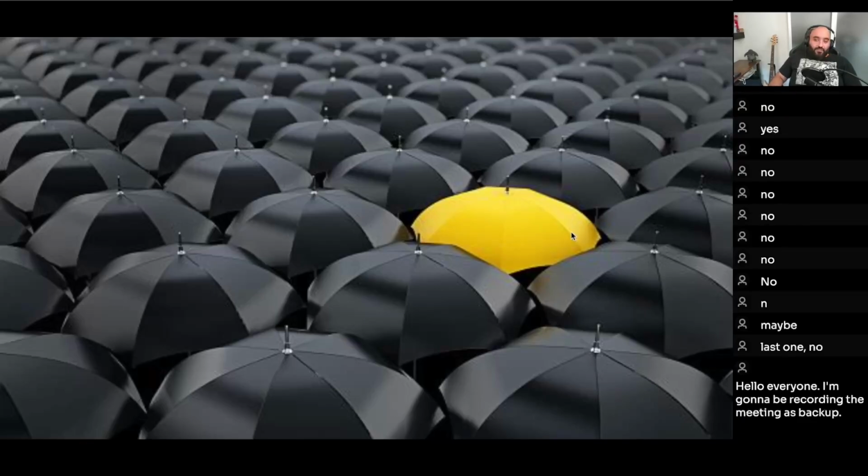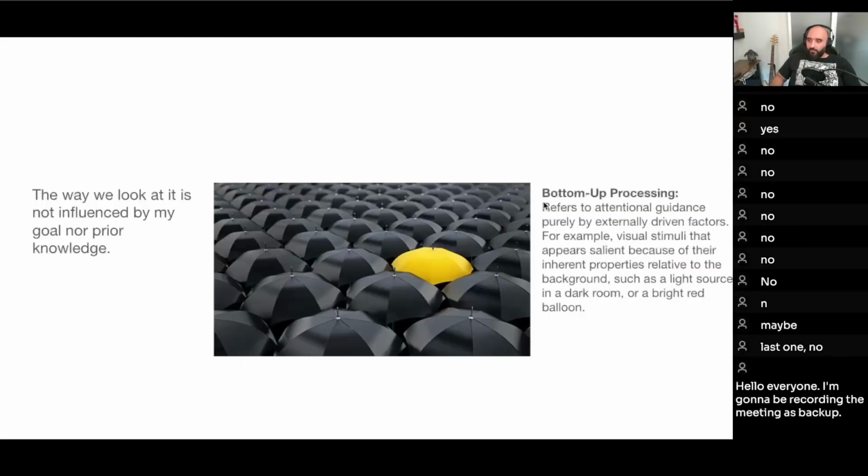You just immediately detect it. It's just there on the screen. But it pops out to you because it's so different from the others. Your eyes are built to be able to detect these differences between stimuli. And this yellow is just a stark contrast, and you can immediately see it. So we don't need any prior knowledge to understand these differences. And that's bottom-up processing.